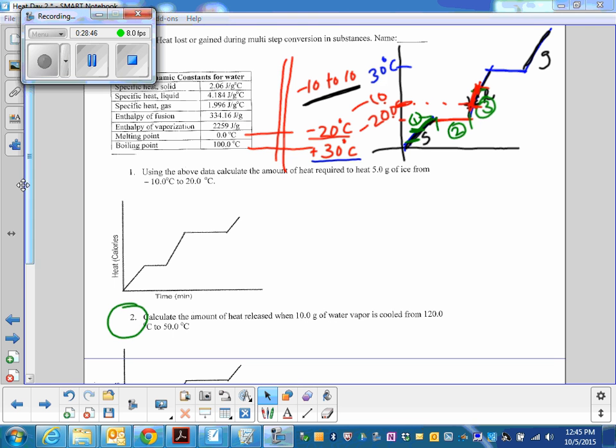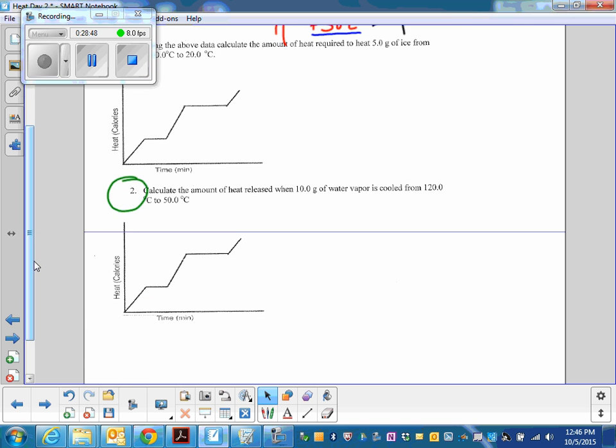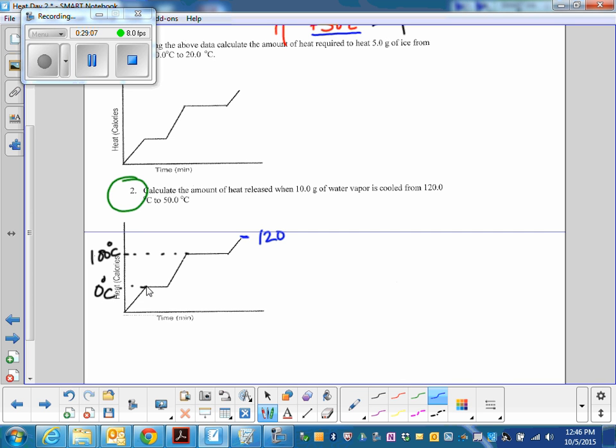And do the problem. So we are aware that the melting point is still 0 degrees Celsius and the boiling point is still 100 degrees Celsius from the graph. All right. So it is going from 120, which is this point, to 50, which is this point.